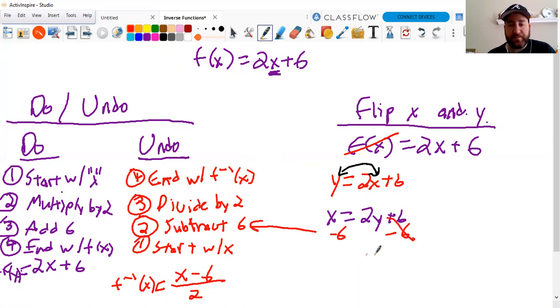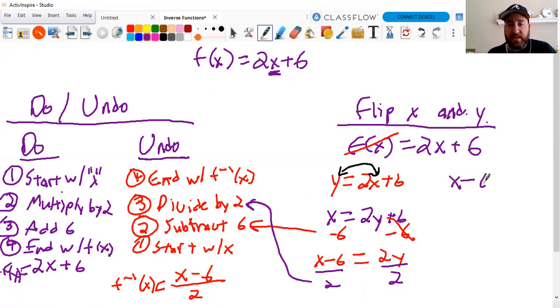So it matches up. So I'm going to have 2y equals x minus 6. Now to get y by itself, I divide by 2, which again was the second step. So it matches up. So I've got x minus 6 divided by 2 equals y.